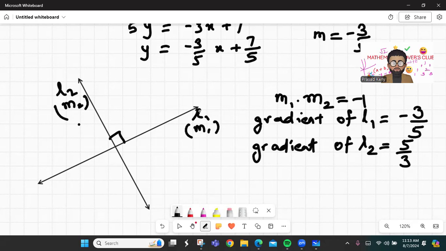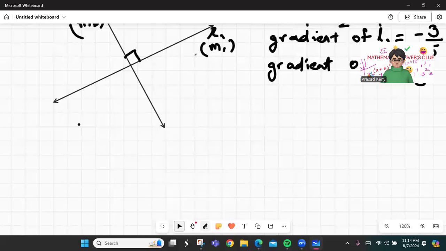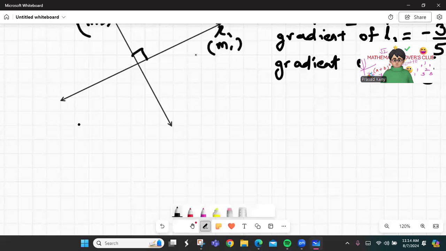So what should we do next to find the equation of line L2? Yes, Akshay, please come on the board and show me the steps, what you'll do. Yes, sir. Now we have the gradient of line L2. So we'll write the equation of line L2 in the form y is equal to mx plus c.